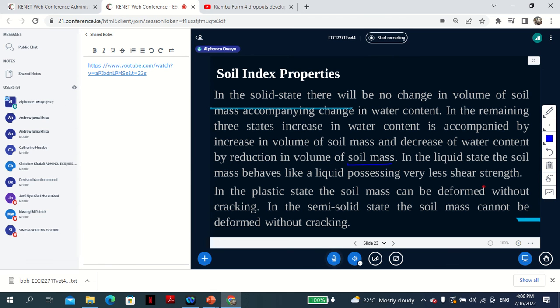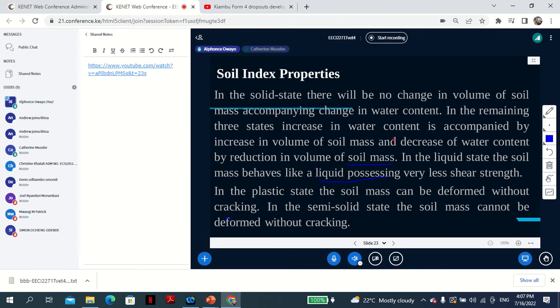In the liquid state, the soil behaves like a liquid, as already said, with very little shear strength. In the plastic state, the soil mass can be deformed without cracking. In the semi-solid state, the soil mass cannot be deformed without cracking.